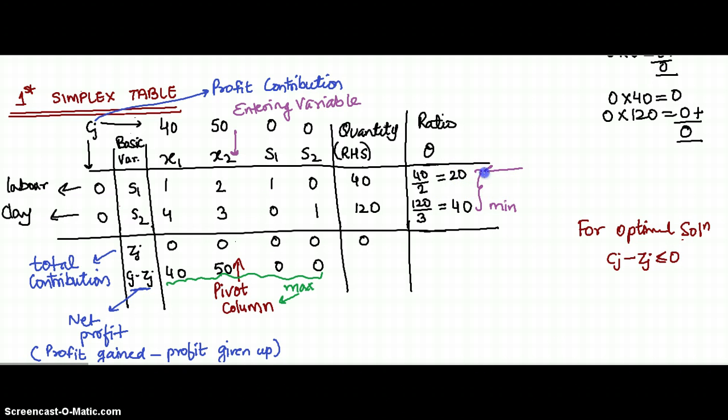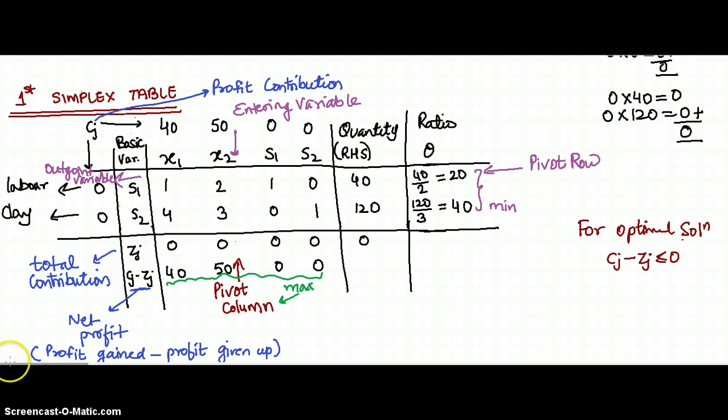So in this case, this will become our pivot row. This shows that variable s1 will be the outgoing variable. So in the next simplex table, the variable s1 is replaced by variable x2, while s2 will remain in the table.